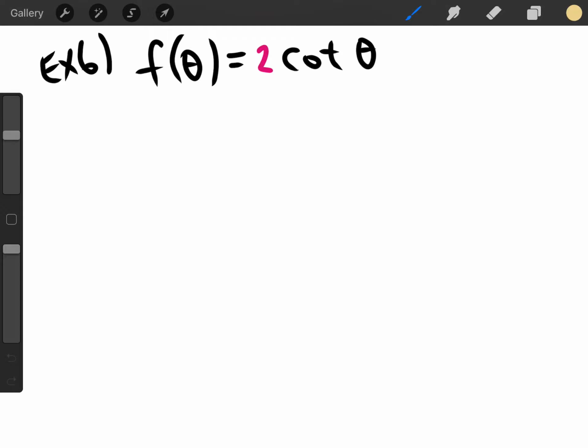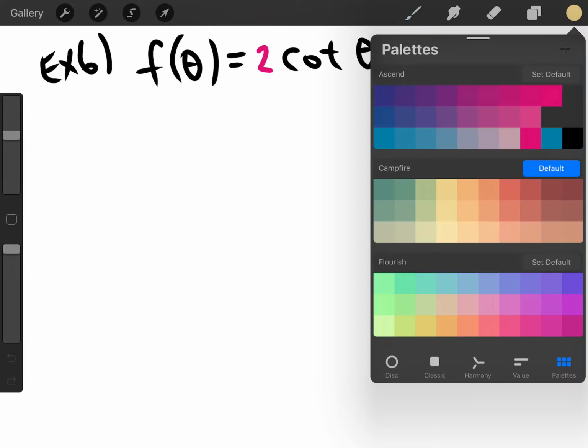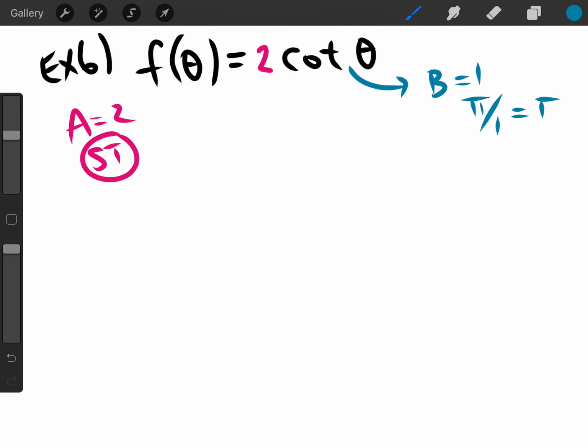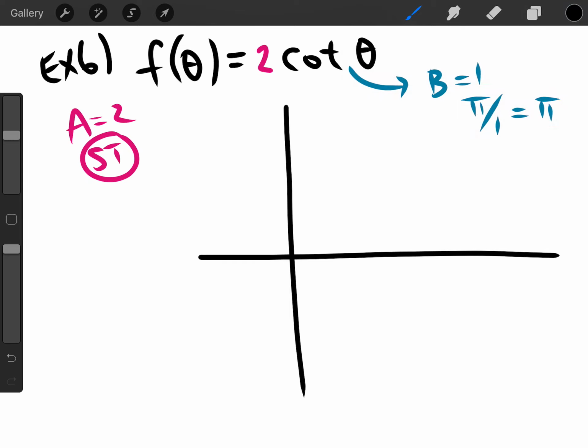All right, let's go ahead and try what's going to happen when it's 2 cotangent theta. So the A value is 2, which means it's going to be steeper. The B value is 1, and pi over 1 is going to be pi. So this is going to be within a period of pi. You can go ahead and grab the period.